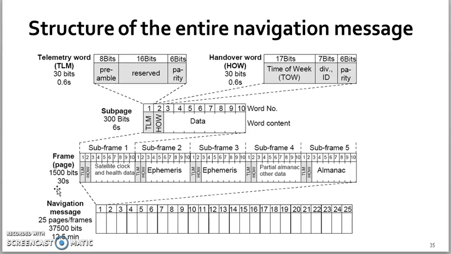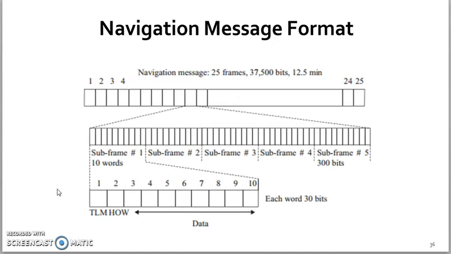Each frame is further subdivided into 5 subframes of 6 seconds duration and 300 bits each. Then subframes are divided into 10 words, and these 10 words are of 30 bits with a 0.6 second duration.